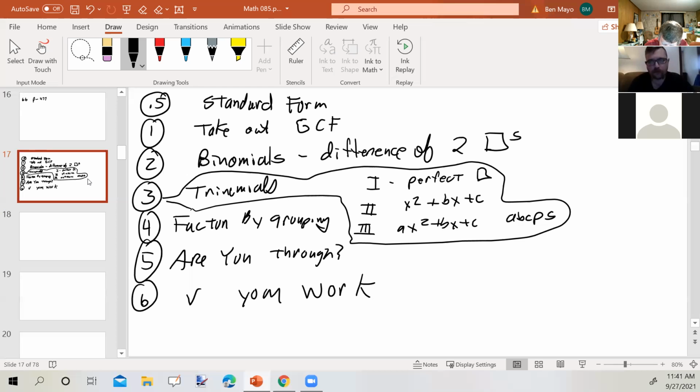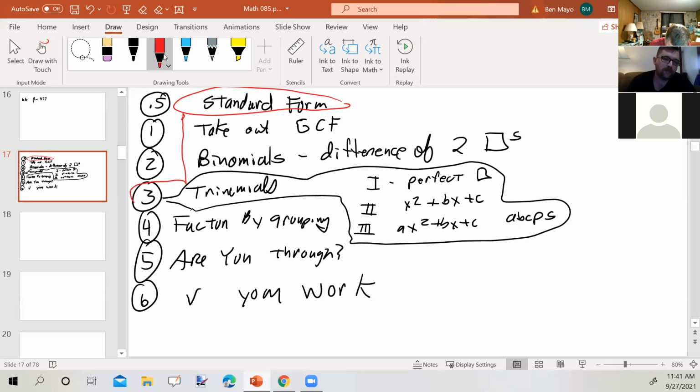But there's one other thing I want to do here, and that is with a binomial, we don't care so much about standard form. We just care about, is it the difference of 2 squares? So standard form, I'm going to draw an oval or whatever around it.